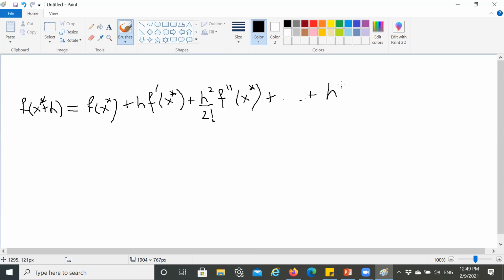The nth term would be h to the n minus 1 divided by n minus 1 factorial, times the n minus 1 derivative of f at x star. So basically, this is the Taylor series, or Taylor expansion, of this function. Is it clear?